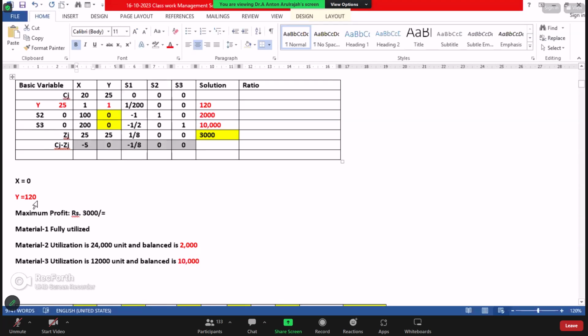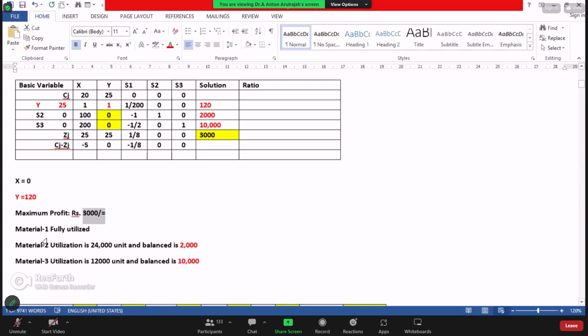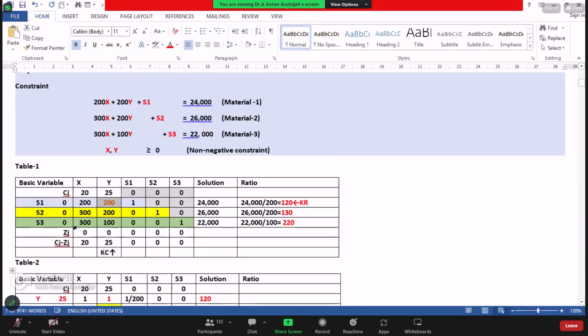As far as resource utilization is concerned, for material 1, 6,000 is utilized. Material 2, out of 20, right?